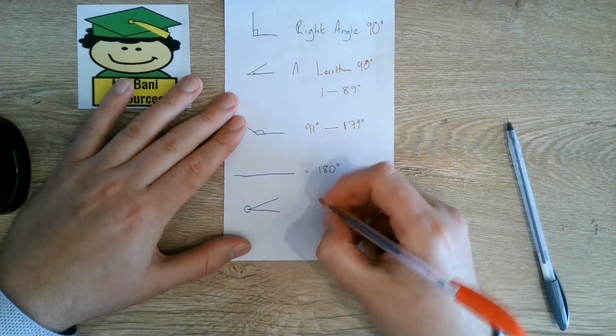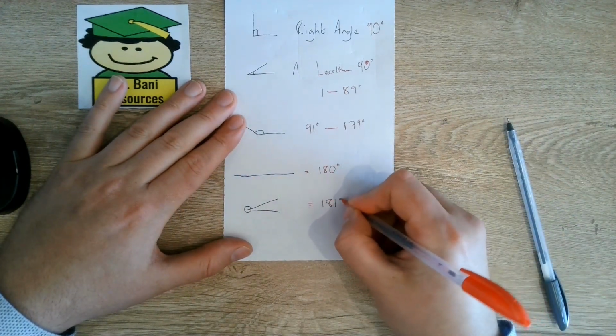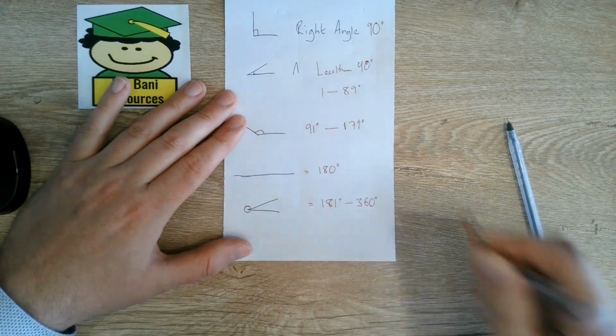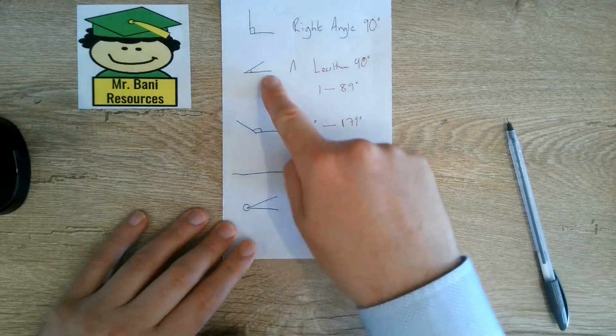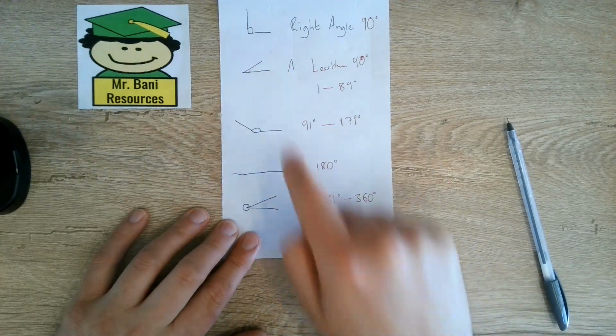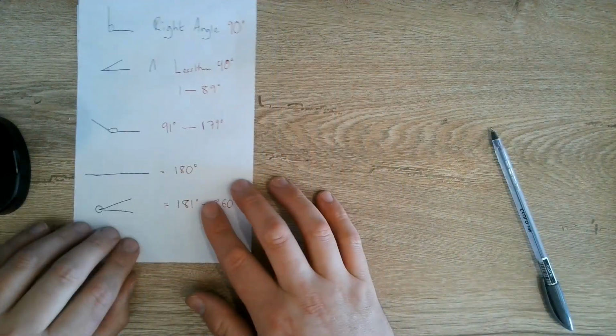That is anything between 181 and a complete revolution of 360 degrees. Okay? Doesn't that look awfully similar to that? So acute and obtuse look very similar, don't they? This is how it looks in practicality.